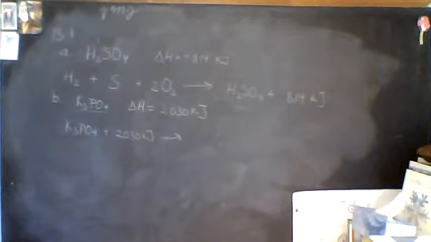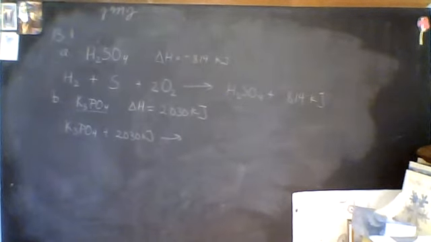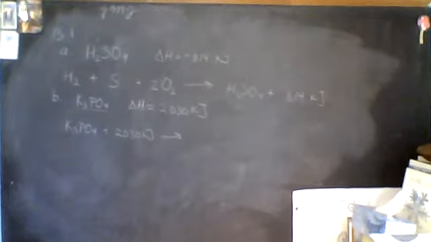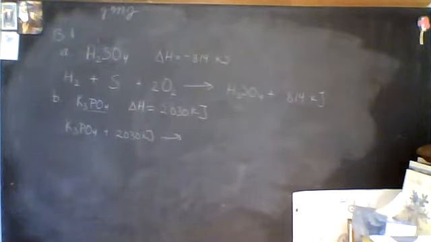Oxygen is a homonuclear diatomic, but what about the others? K is potassium, and P is phosphorus. So it's potassium phosphate, that PO4.